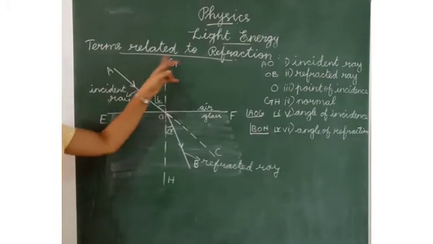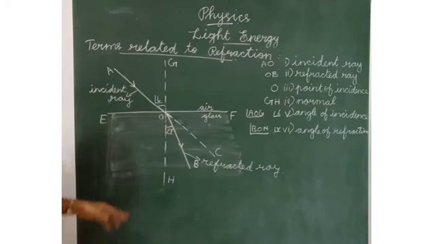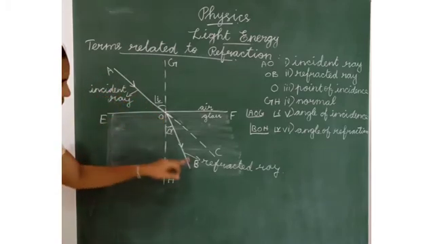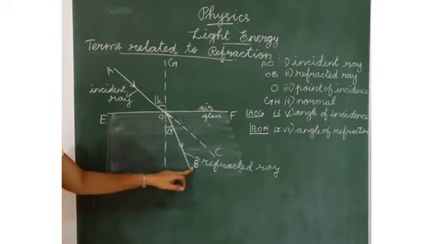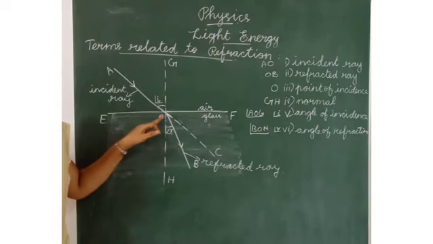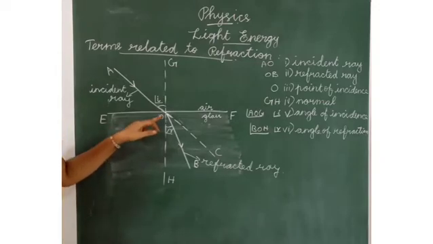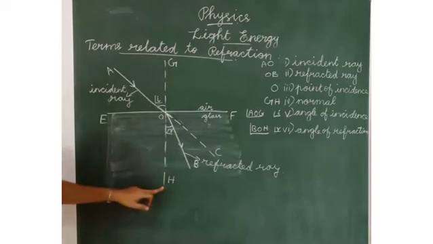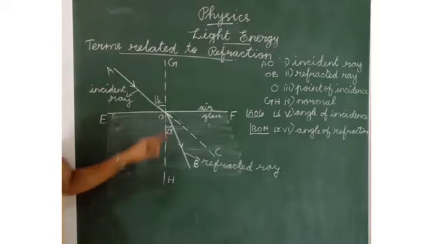These are the terms related to refraction. Here AO is the incident ray, OB is the refracted ray. O is the point of incidence in the medium. Next, GH is the normal.